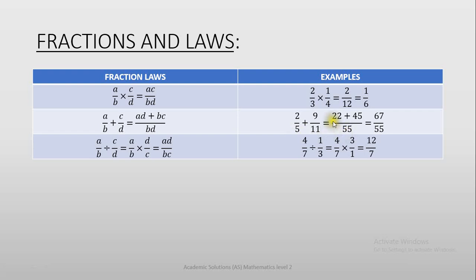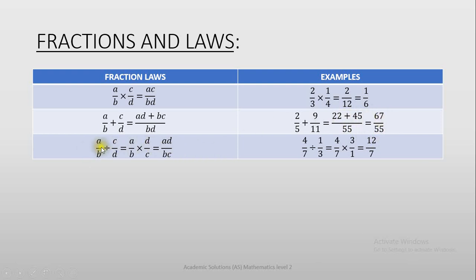It goes 11 times. So 11 multiplied by 2, which is 22, and then 11 goes how many times in 55? It goes 5 times. 5 multiplied by 9, which is 45. That's why we have 45 here. So I hope it does make sense how I did it. So 22 plus 45, which is 67, divided by 55.